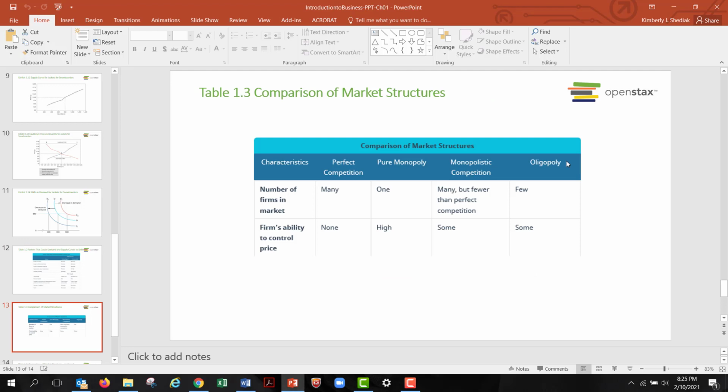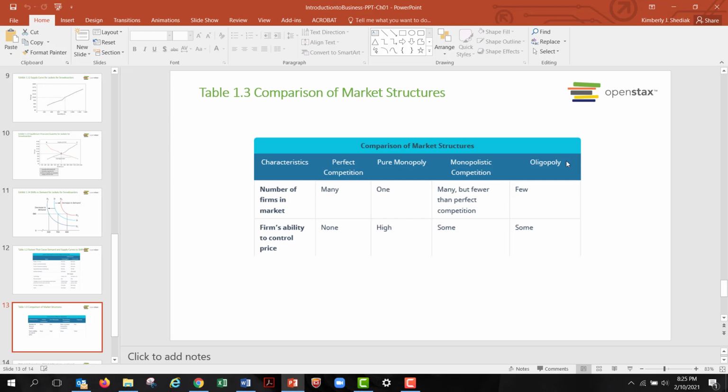Market structures: perfect competition, pure monopoly, monopolistic competition, and oligopoly. And you'll hear these a lot if you take an economics class.